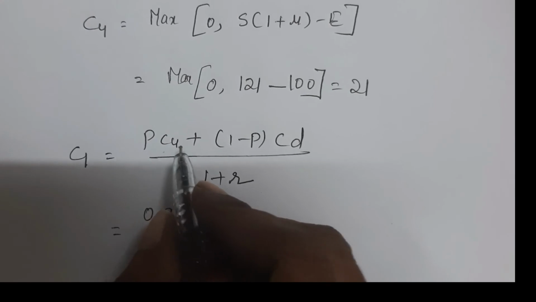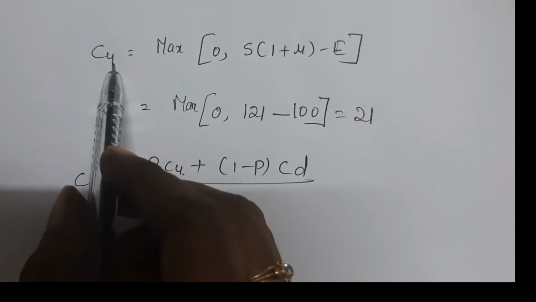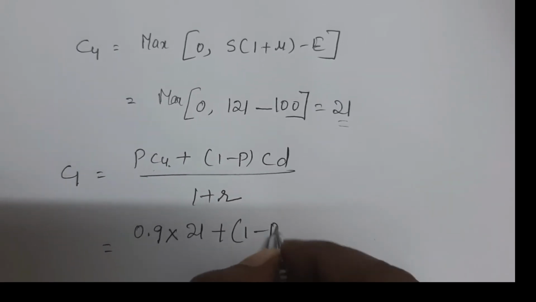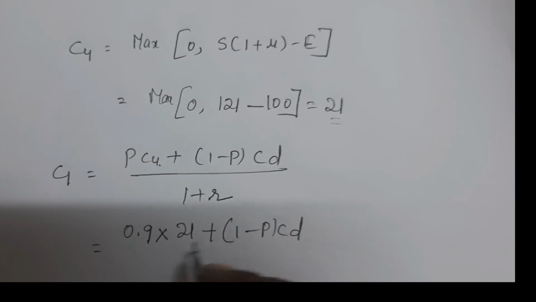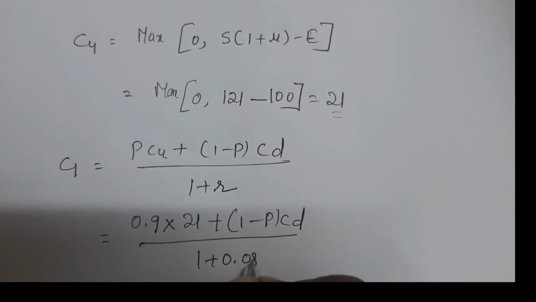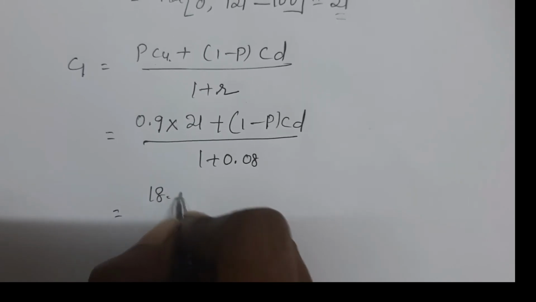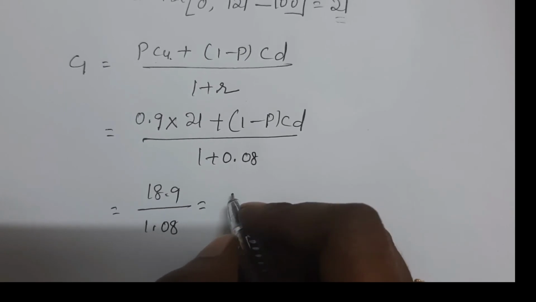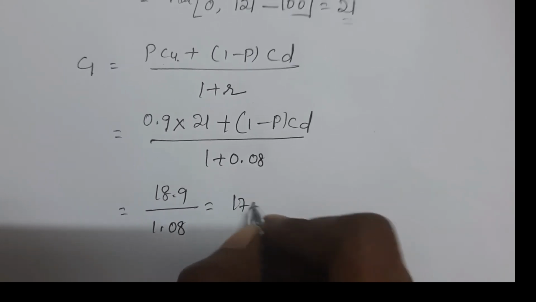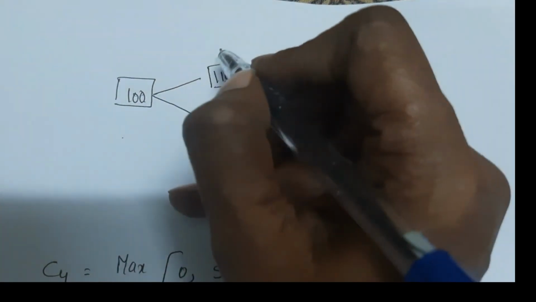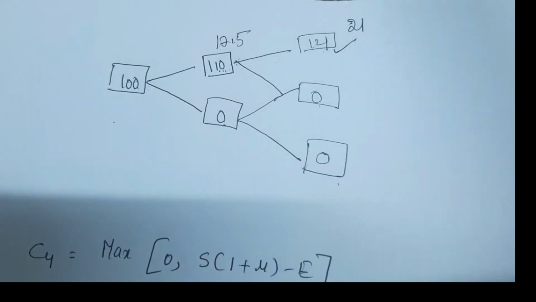This Cu is the amount which we have calculated, that is 21. So 0.9 into 21 plus (1 minus P) into Cd, this entire portion will become 0, divided by 1.08. If we solve this, we will get 18.9 divided by 1.08, and the answer is going to be 17.5. So here we need to write 17.5.